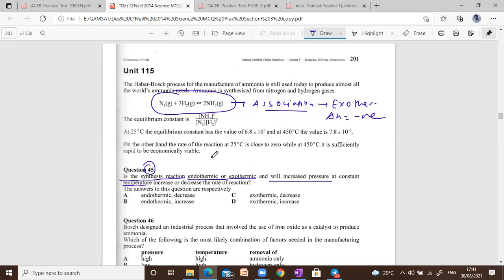Sorry for this. Okay. So I think the answer should be exothermic and increase. Yes, D will be the right choice.